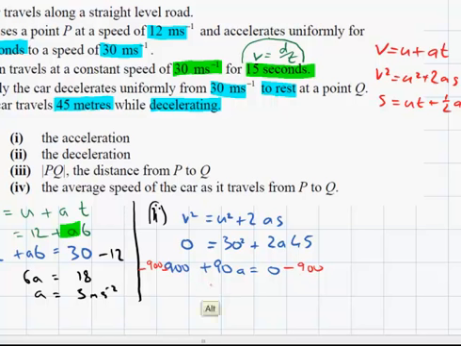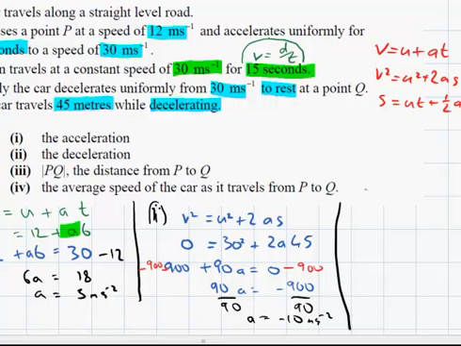So you get 90a is equal to minus 900. And what we can do then is divide both sides by 90, and we get a value for a of minus 10 meters per second squared. Second part done.